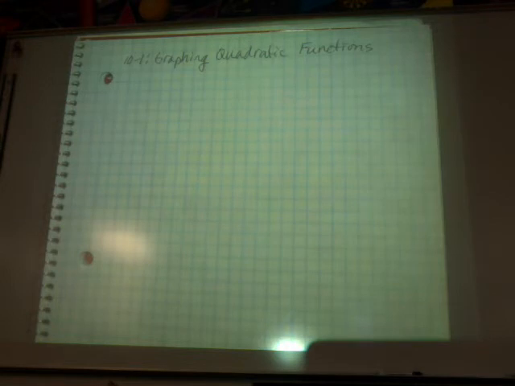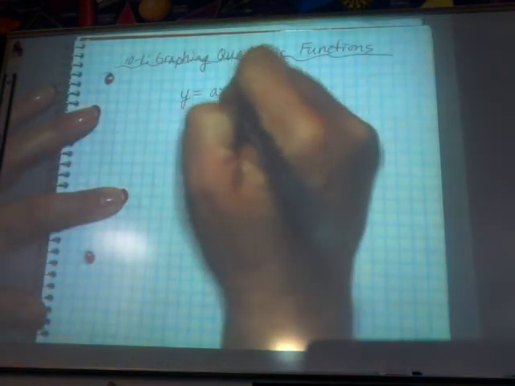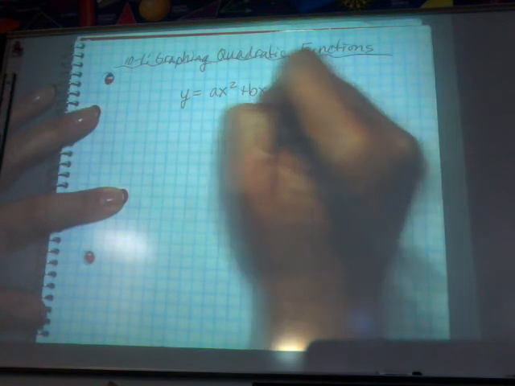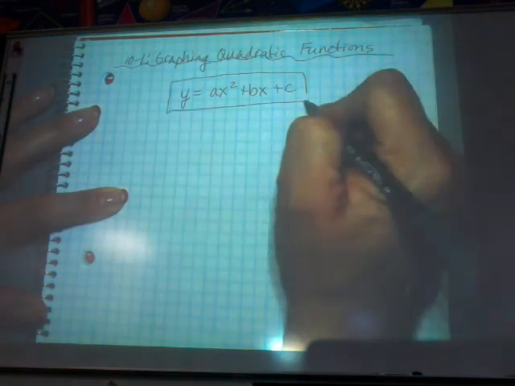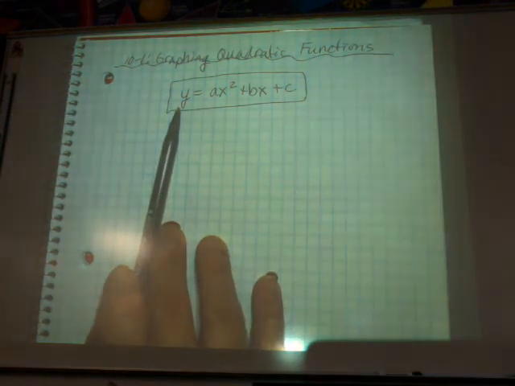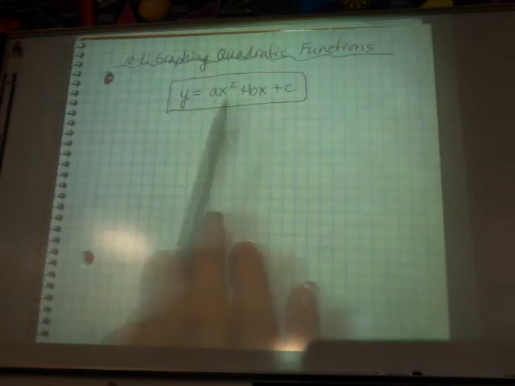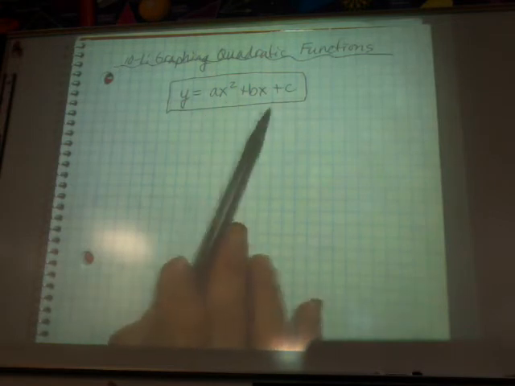All right, so your quadratic function is in the form of y equals ax squared plus bx plus c. This is what a quadratic is, what it looks like. Now, you've been used to y being equal to what? 0. When y is 0, we find out what x is, and that's where this parabola crosses the x-axis.